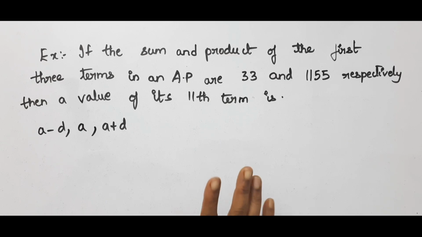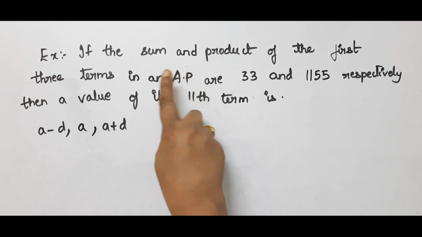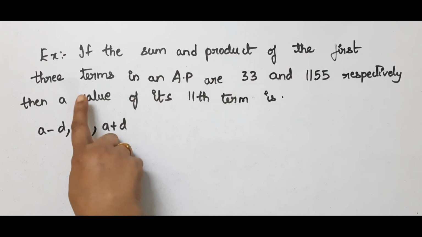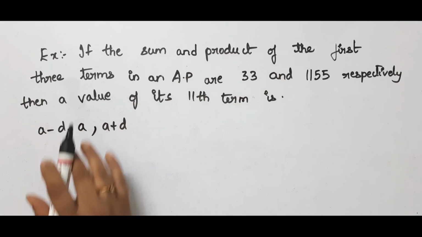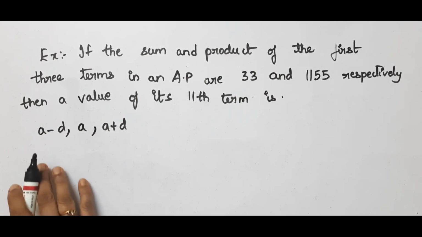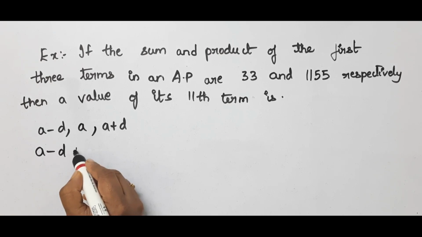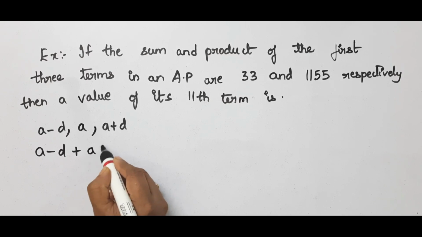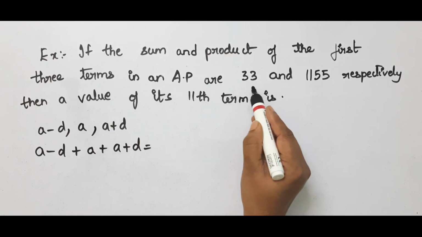So let us first find the value of a and d using the conditions, that is the sum of the first three terms and the product of the first three terms. First let us use the sum of the first three terms. So these are the three terms. First we have to do the sum of these three terms. When you do the sum, this will be a minus d, a, a plus d is equal to 33, the value given.